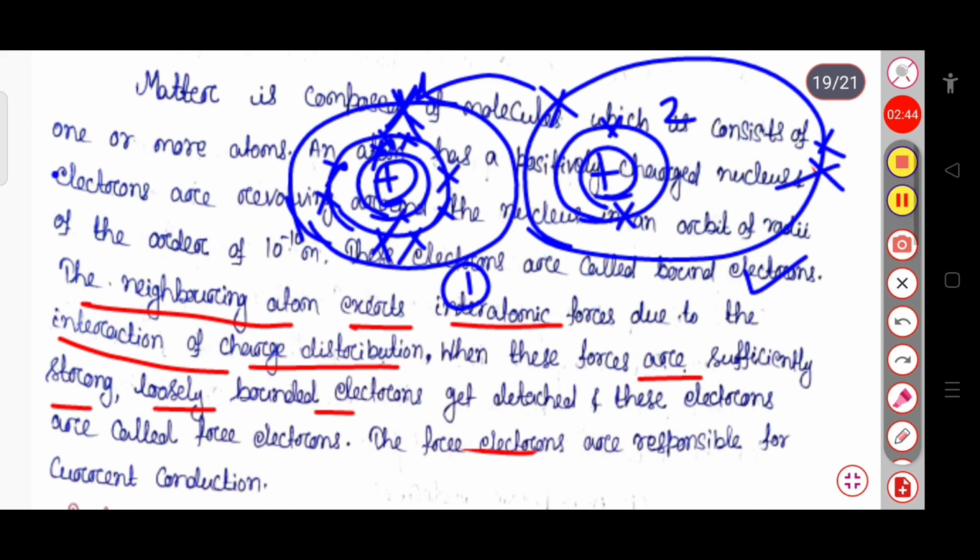When these interatomic forces are very strong, then these bound electrons are detached from the atom. These detached electrons will now conduct electricity, and these electrons are now called the free electrons.